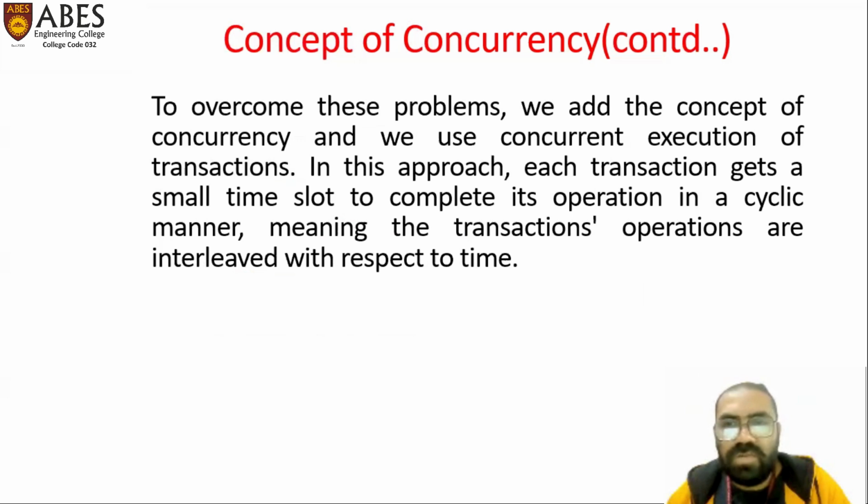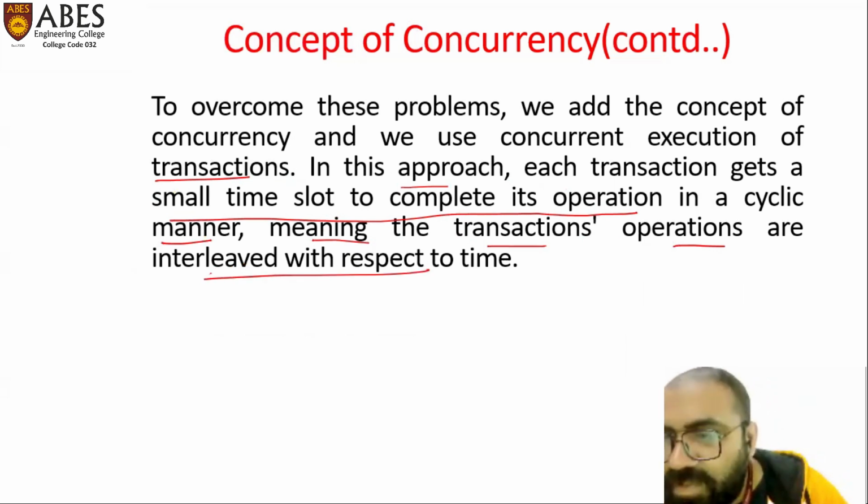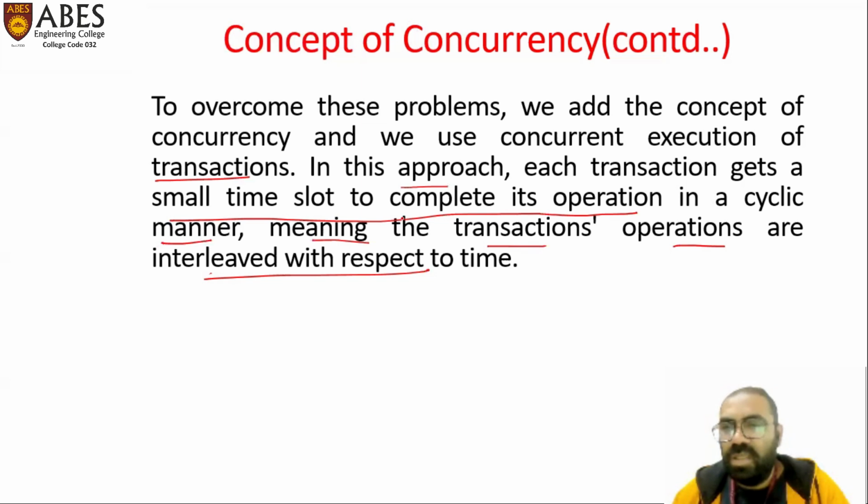To overcome these problems, we add the concept of concurrency, and we use concurrent execution of transactions. In this approach, each transaction gets a small time slot to complete its operations in a cyclic manner, meaning the transaction operations are interleaved with respect to time.